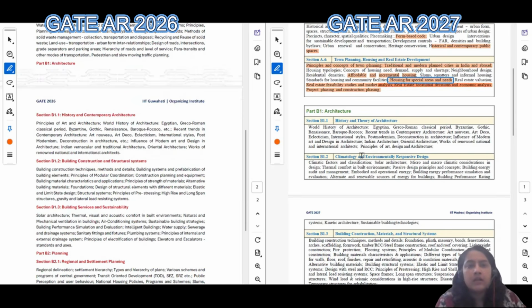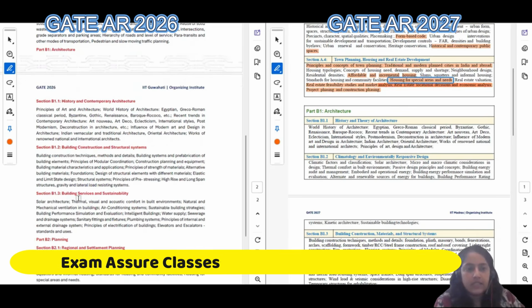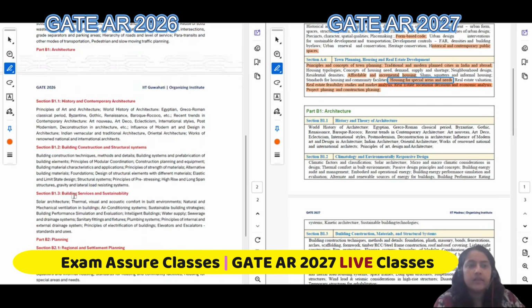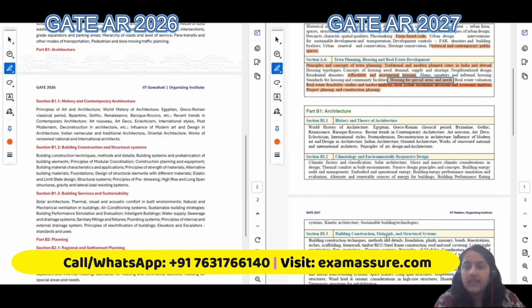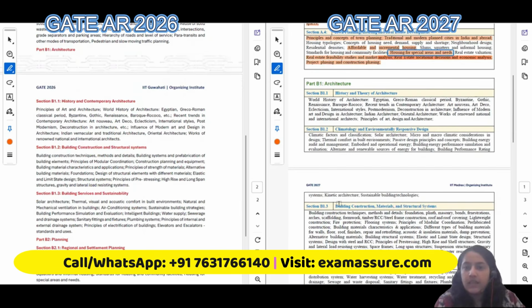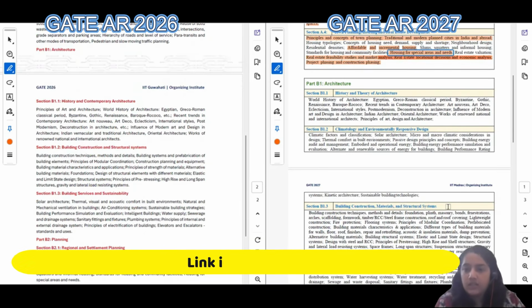Okay. Next, here also additionally, now if you look at it in section in 2026, we had building construction and structural systems. In 2027, that has been renamed as building construction materials and structural systems.